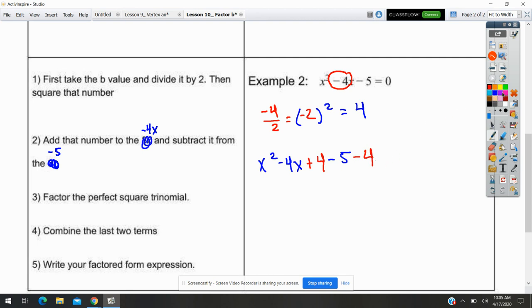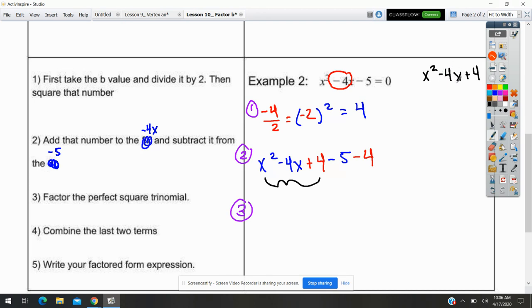Next. So that was step 1, and that was step 2. Step 3, we're going to factor the perfect square trinomial. So you're going to take a look at your first 3 terms here. I'm going to write them on the side. When you factor this, 4 is a perfect square. So we know that the square root of 4 is 2 times 2.